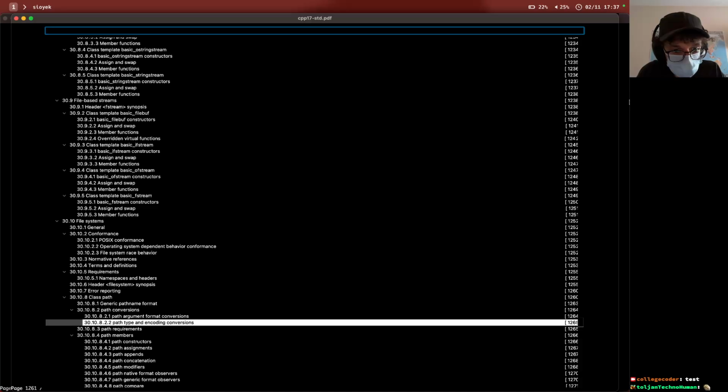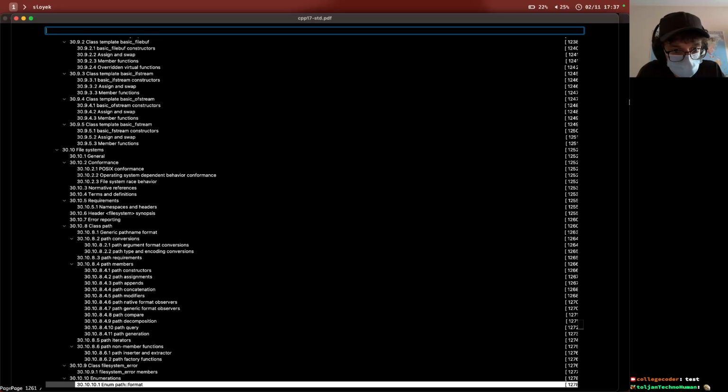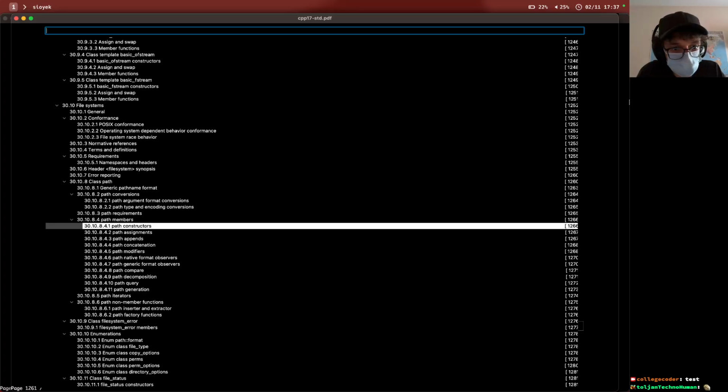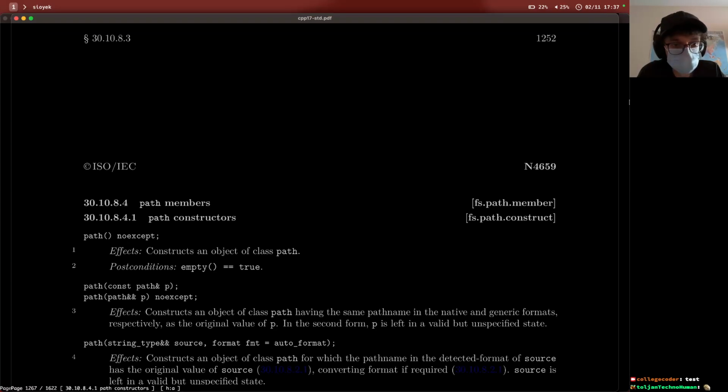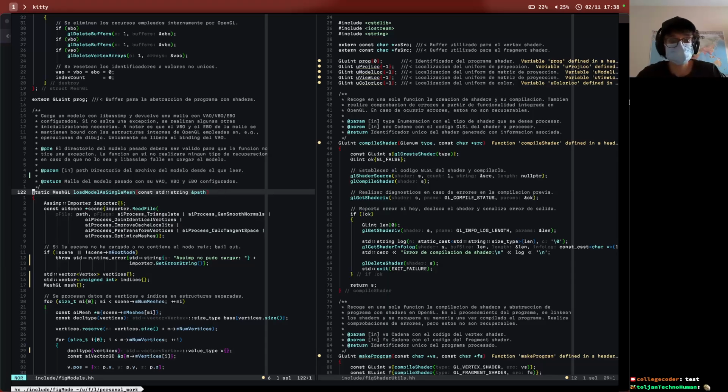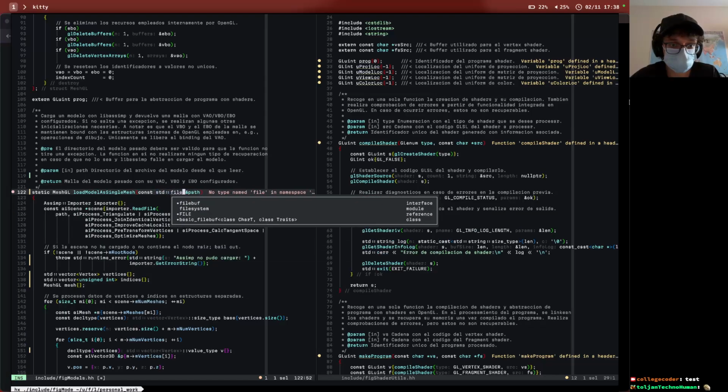Path conversions, path iterators. Maybe it's in the path constructors. All right, whatever. Yeah, it'd be nice if this got passed a const std::filesystem::path instead.